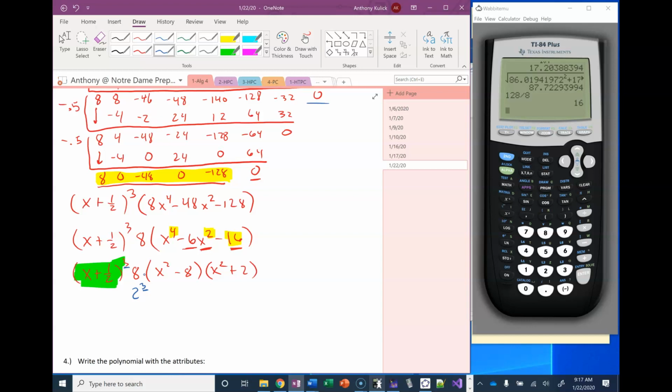This should make sense because if I just take 2 times 3, they're both to the first power, I can multiply them together, right? If I have 2 squared times 3, I can't multiply the 2 and the 3 together. I have to do the exponent first. But if the exponents are the same, it's okay to multiply them together. So I'll just distribute the 2 in, and that's going to give me 2x plus 1, everything still to the third.